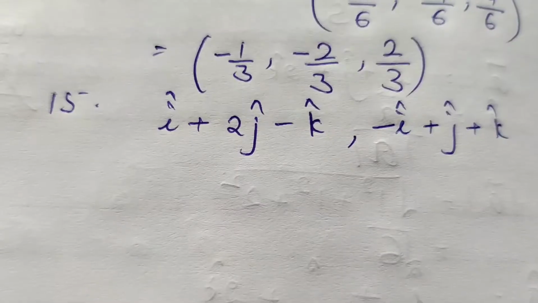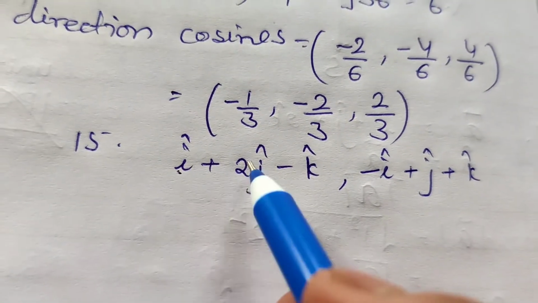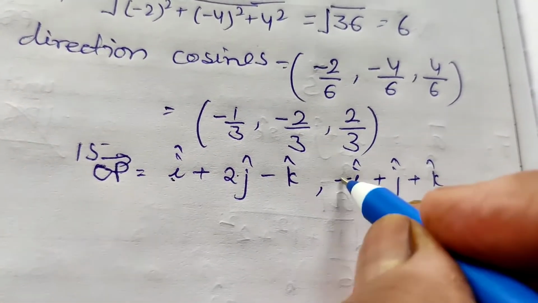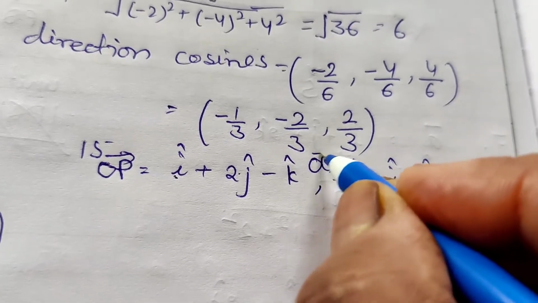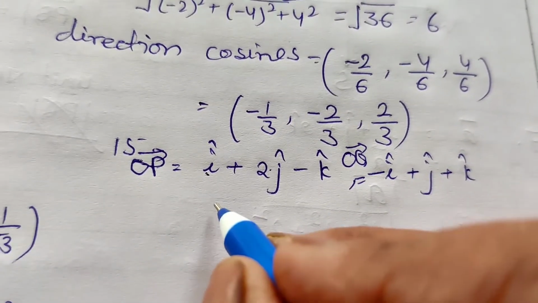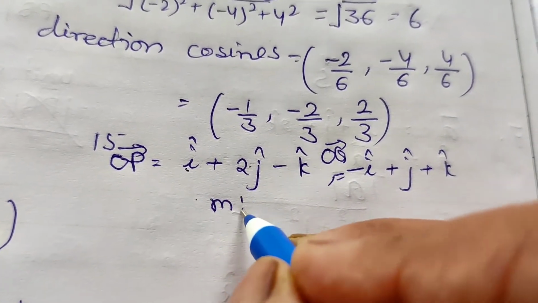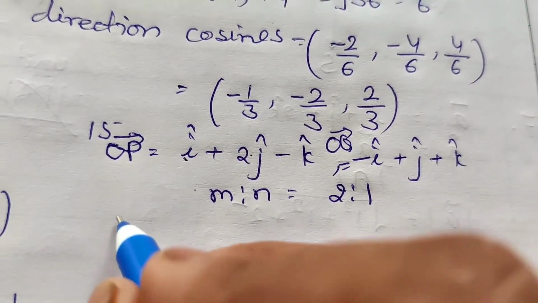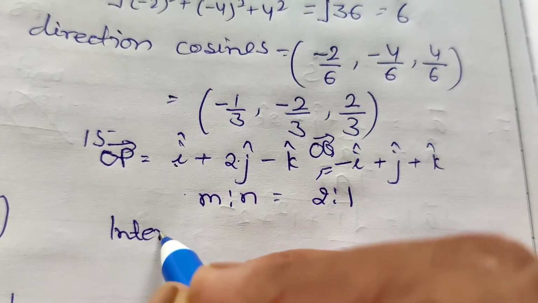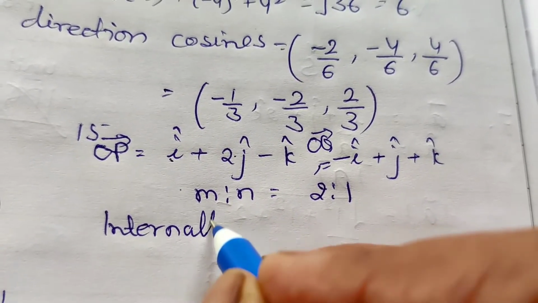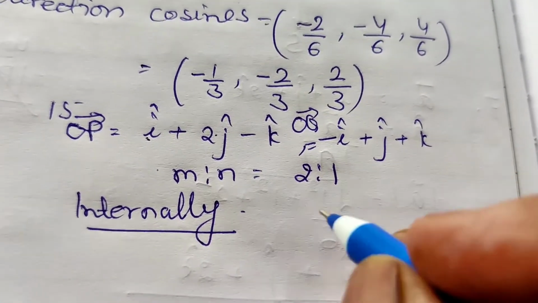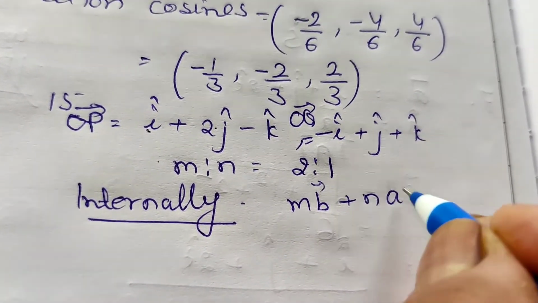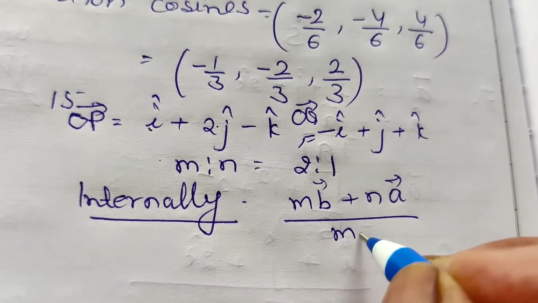Let the vector i plus 2j minus k be the OP vector and the other one the OQ vector. The point R divides in the ratio 2:1. First we have to find the internal division. For internally the formula is m b vector plus n a vector upon m plus n.